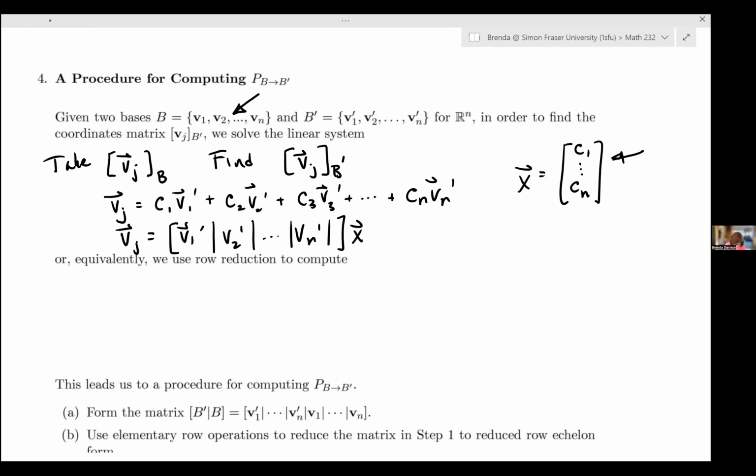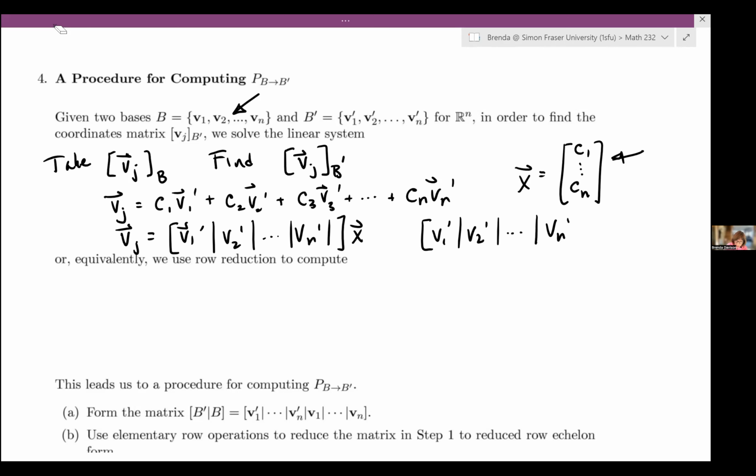Okay, and so we now think of that as a linear system, and we can write the augmented matrix. It looks like this: V1 prime, V2 prime, a whole pile of columns, all the way up to Vn prime, and then it's augmented by the coordinates of Vj in the original basis.